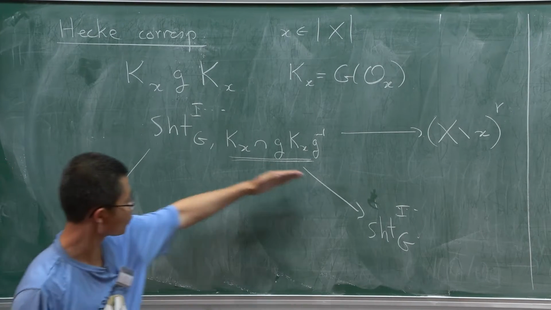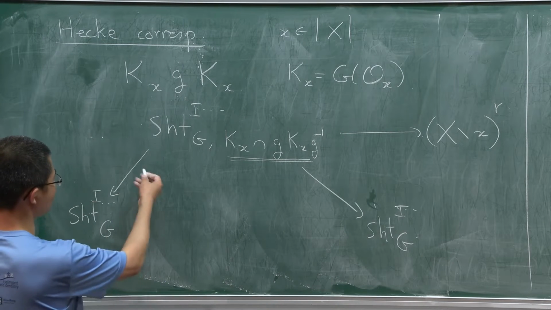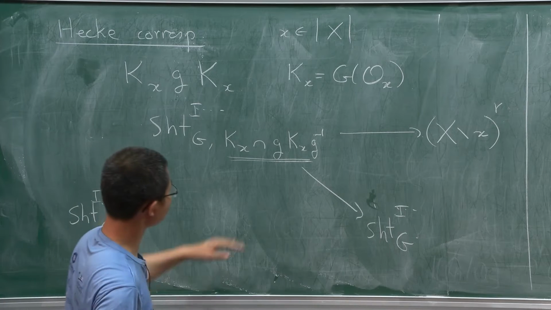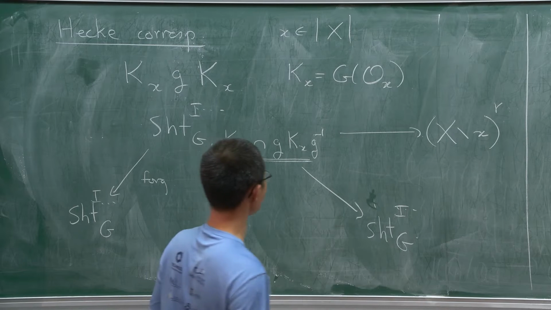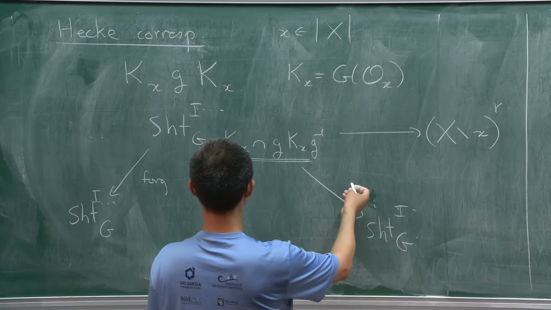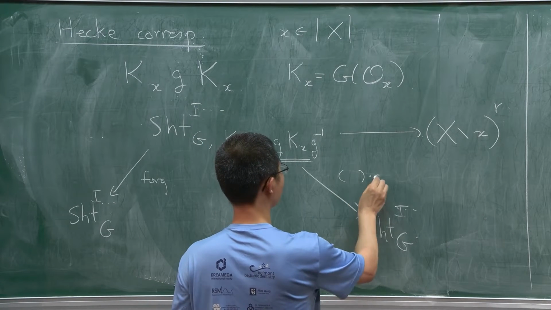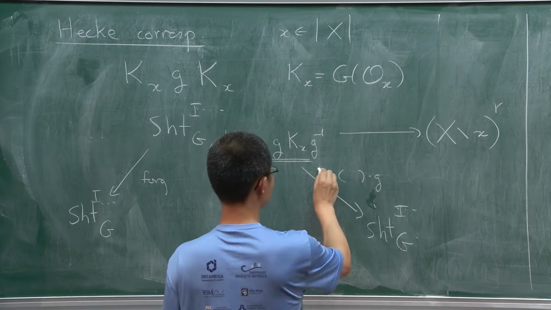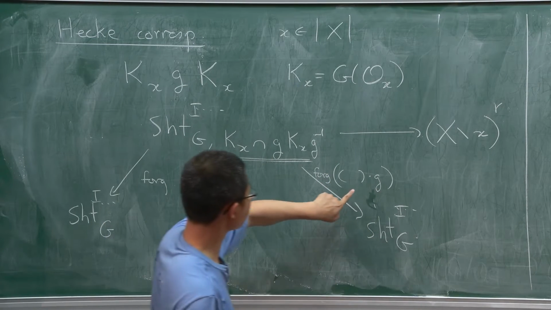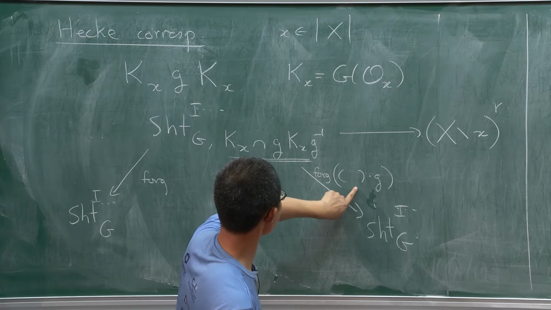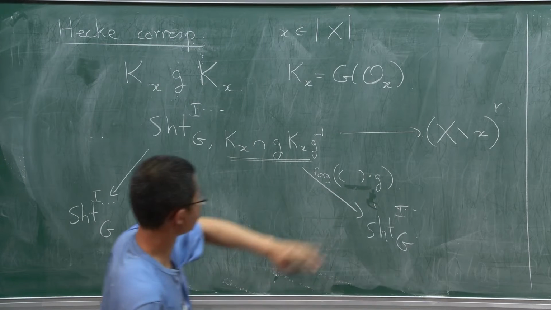And these two maps are just basically forgetting a level structure. One of them is just a natural forgetful functor, forgetting the full flag in this example. The other map is something like first multiply by g and then forget. Maybe I won't write down details here.